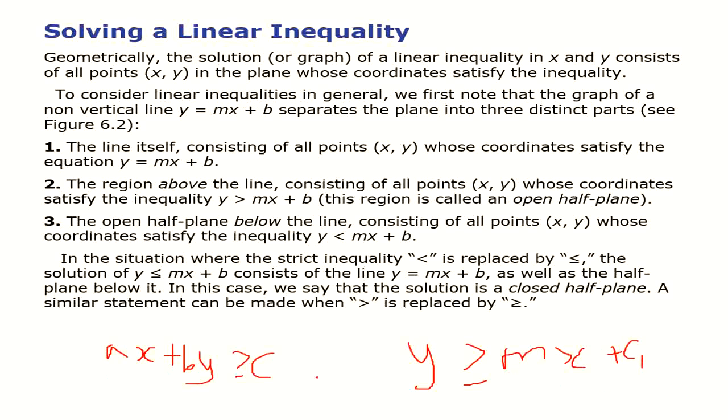So m will be negative a over b, and c1 will be c over b.